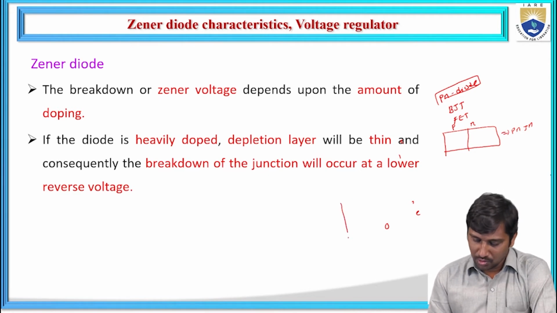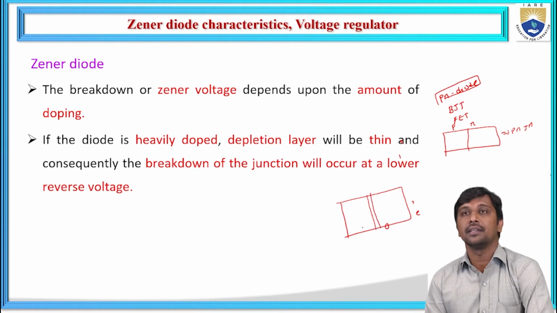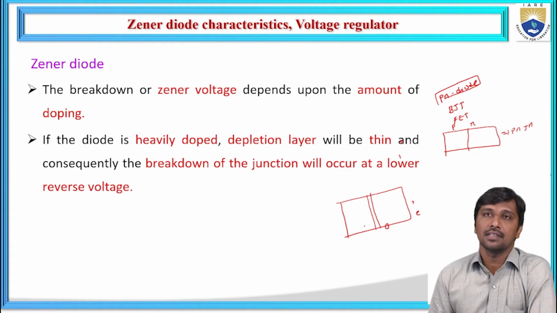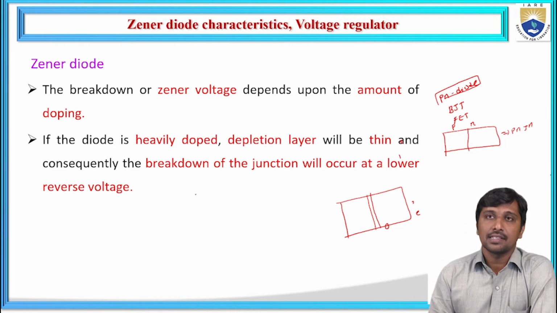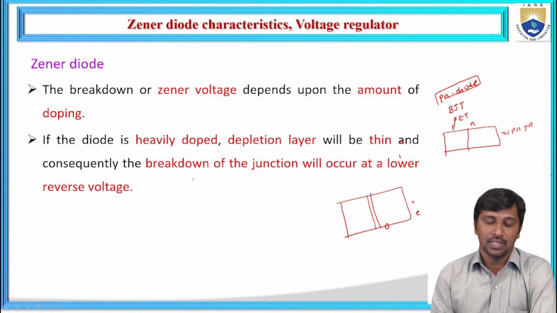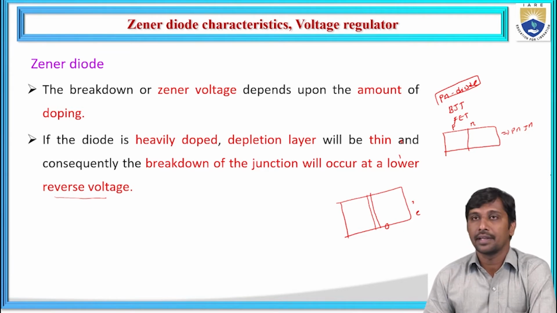So the doping levels are heavily doped, and let's take this as the depletion region. The depletion region becomes very, very small, hence it requires very little reverse voltage to allow the conduction across the reverse bias. So that is the reason we apply the reverse voltage to allow reverse conduction.